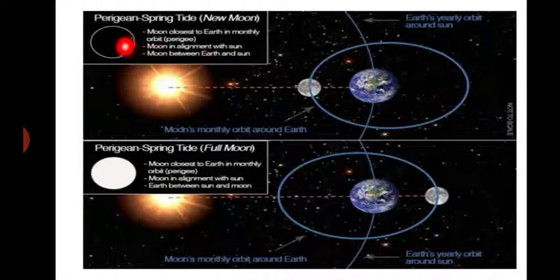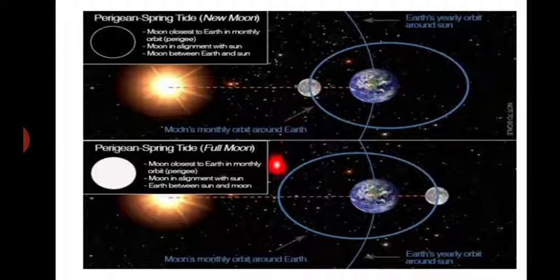In this case we call it a new moon day, or you can call it the dark moon. So in this case the moon will be in between the earth and the sun.